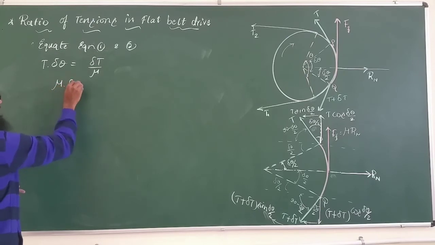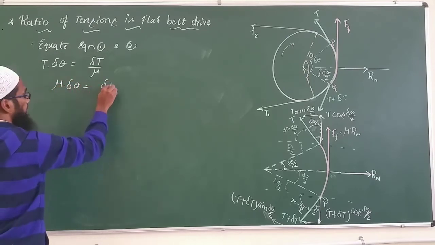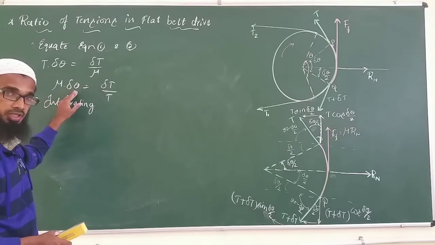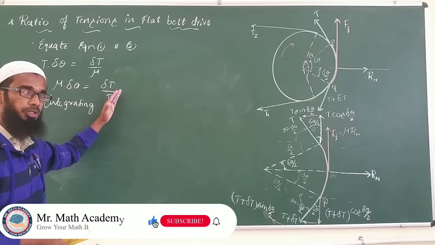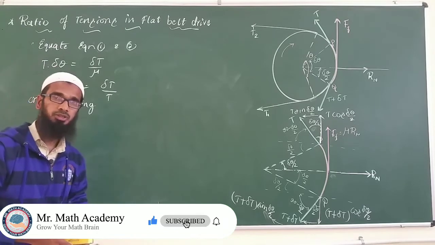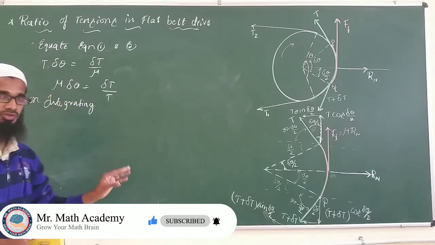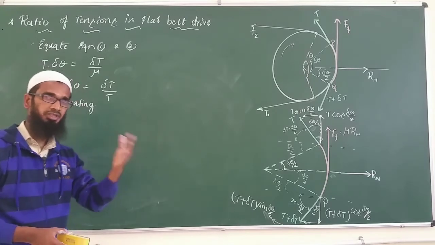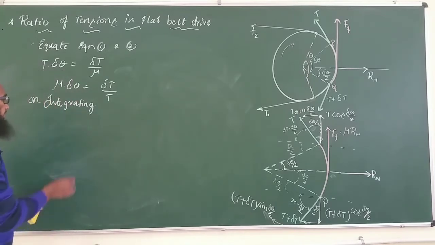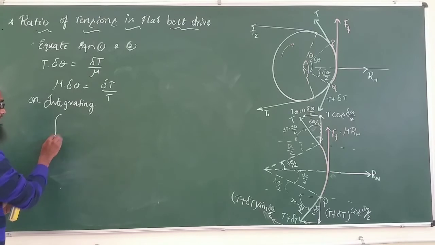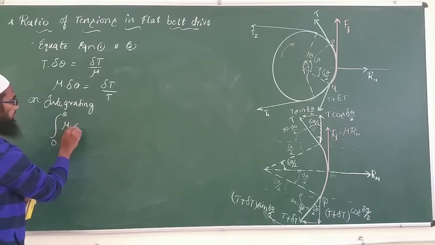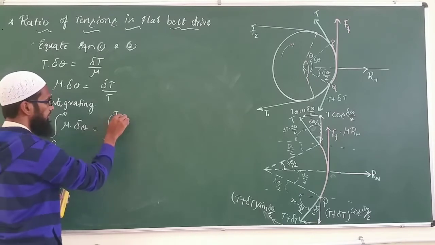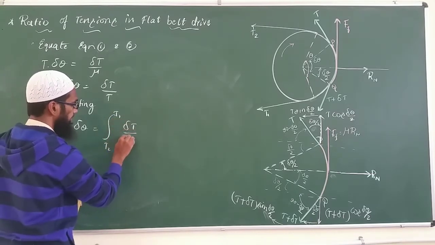So this μ into ∂θ is equal to ∂T by T. On integrating this with respect to θ and this part with respect to T, we'll apply the limits: θ varies from 0 to θ, and T varies from T2 to T1, that is the slack side tension to the tight side tension. I'll take 0 to θ of μ ∂θ, which equals T2 to T1 of ∂T by T.